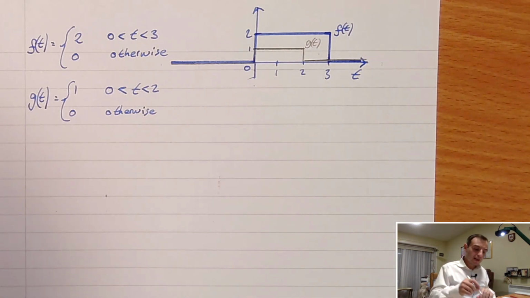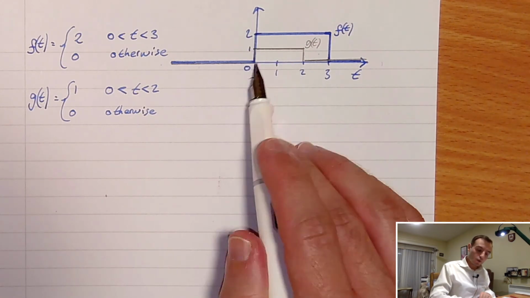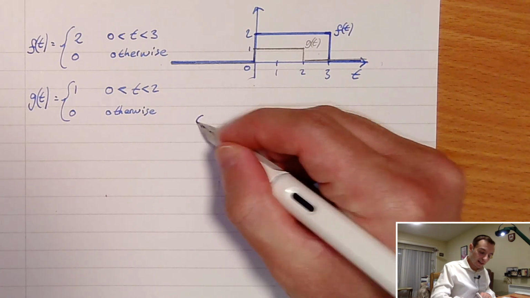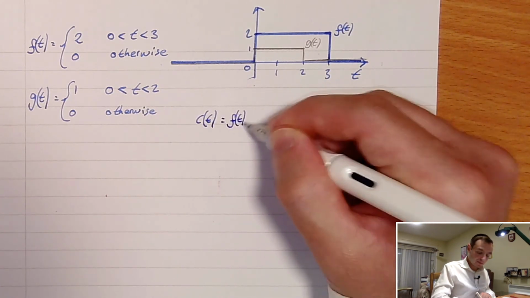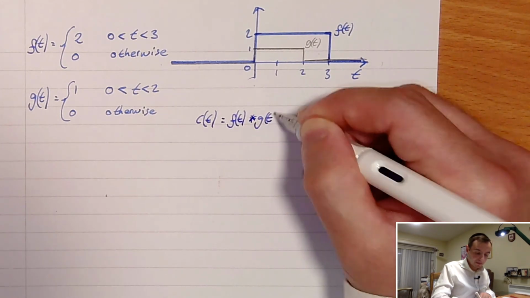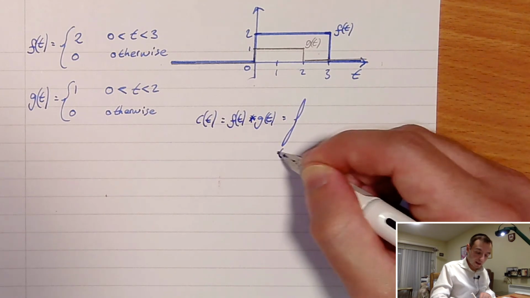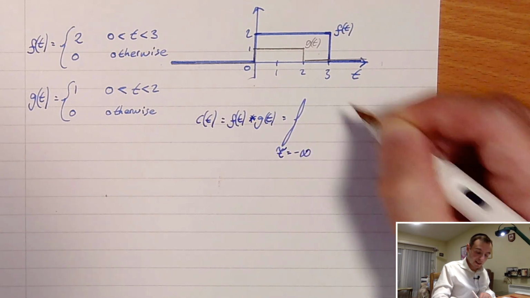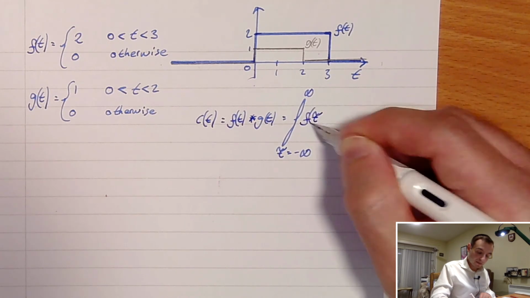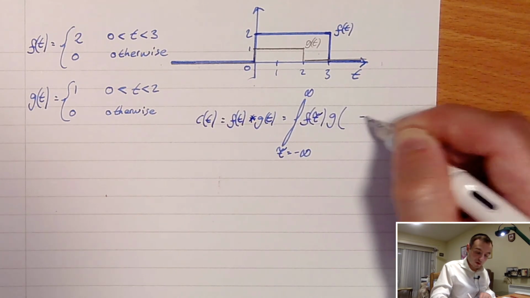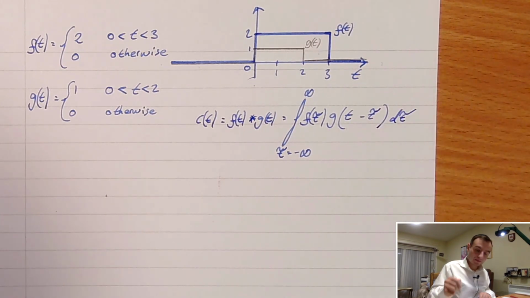Do you remember, first of all, we flipped g of t in the y-axis. So the convolution function is going to be equal to f of t star g of t, which is going to be equal to the integral, with tau from minus infinity to positive infinity, of f of tau g of minus tau plus t d tau.